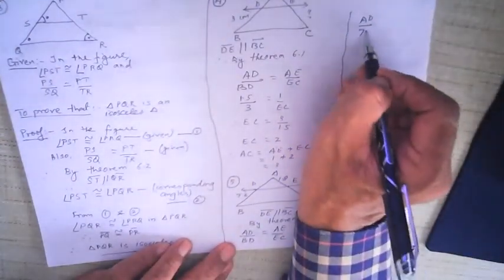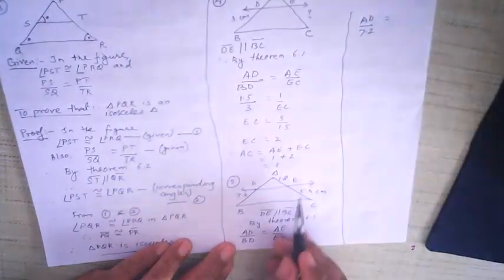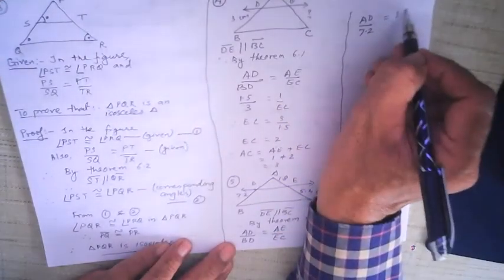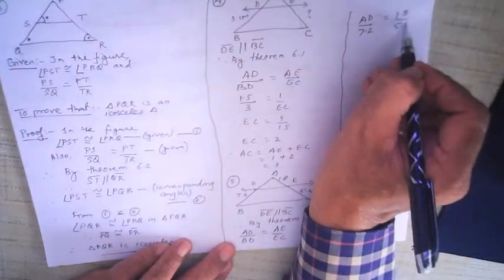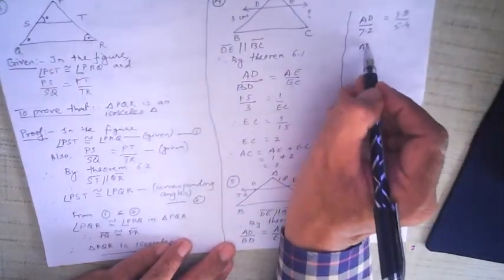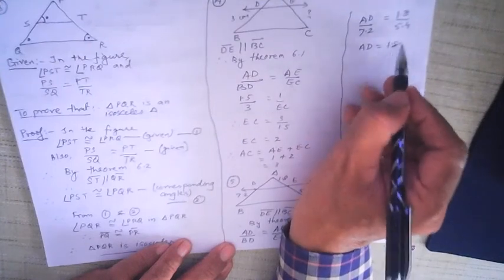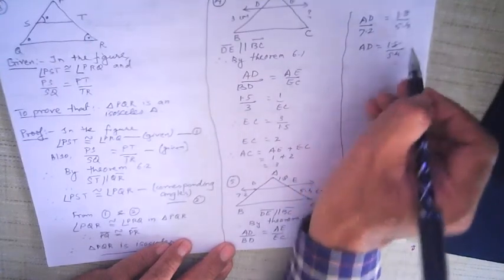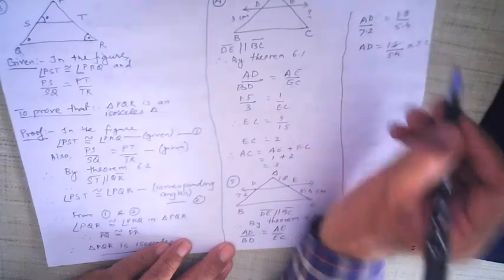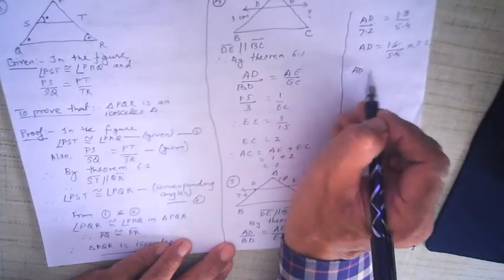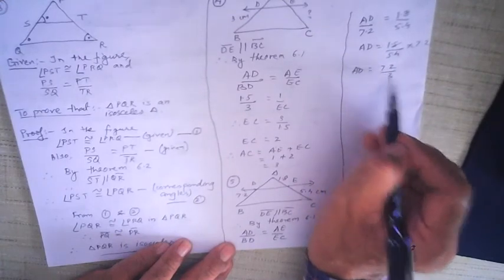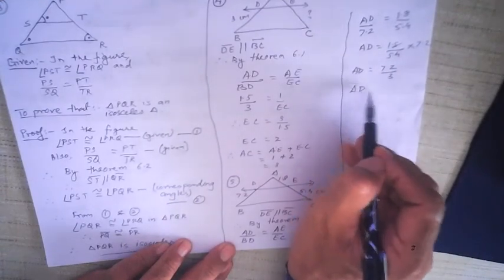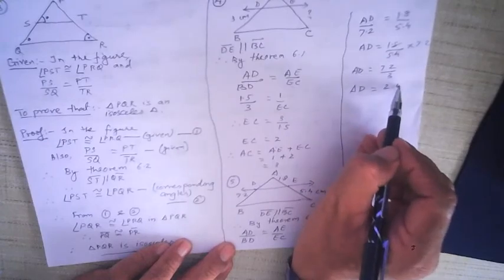AD upon BD, BD is 7.2, AE is 1.8 and EC is 5.4. Therefore AD will be equal to 1.8 upon 5.4 into 7.2. 18 threes are 54, so that is 7.2 upon 3, and AD will be equal to 2.4.